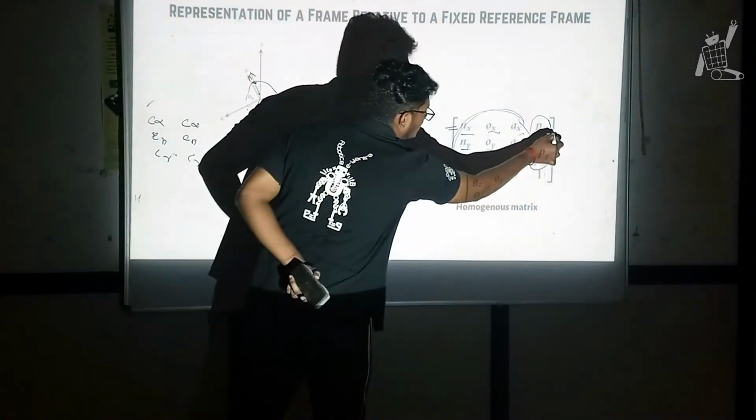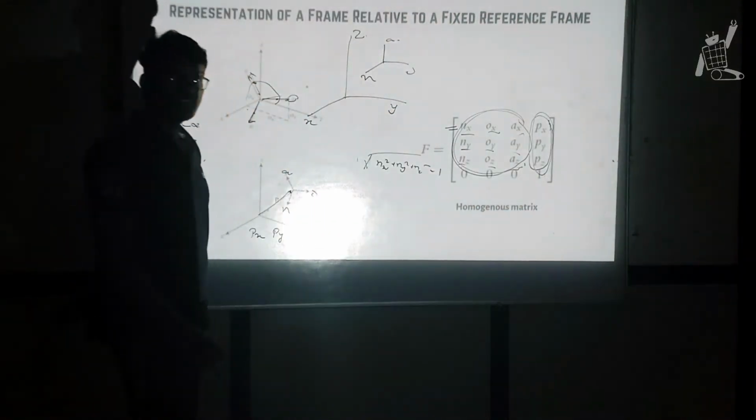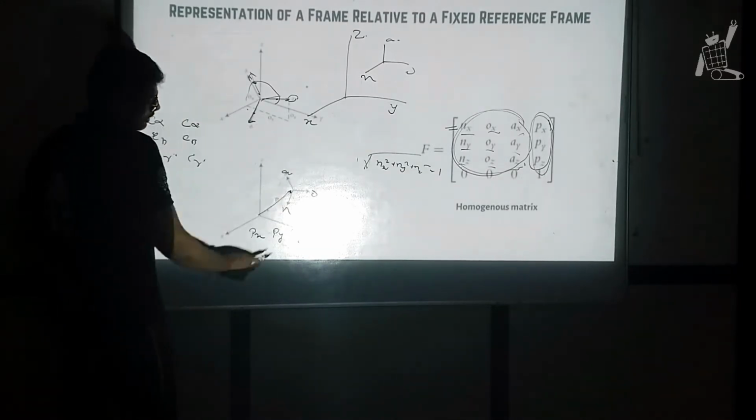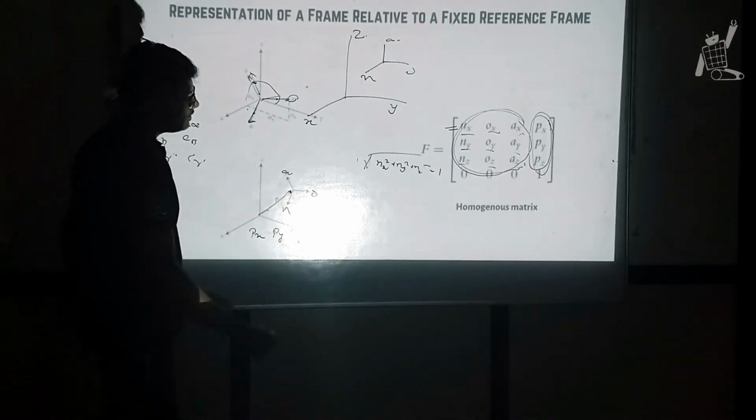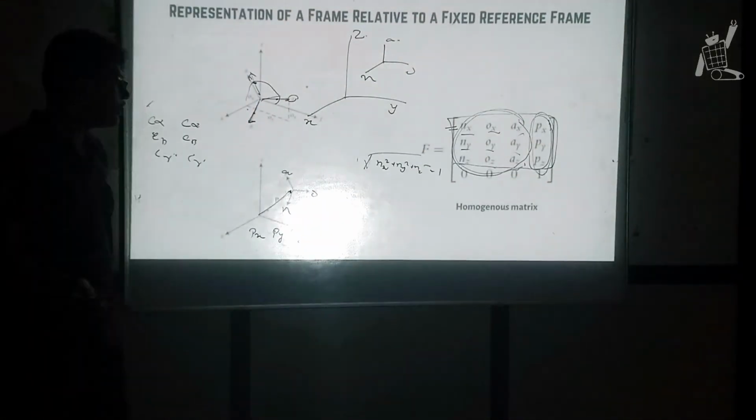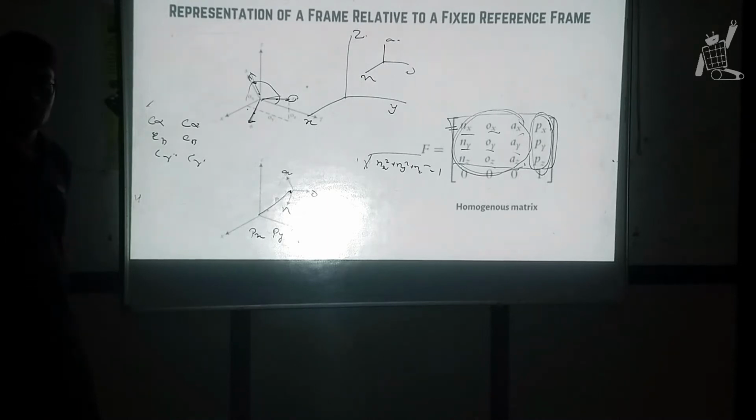So that is represented here, its translation form. If it undergoes both rotation as well as translation, we can represent the whole thing as nx, ny, nz, ox, oy, oz, ax, ay, az, px, py, pz.